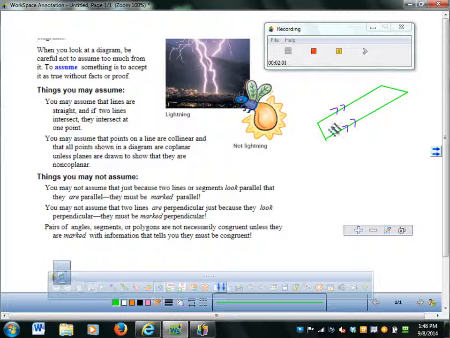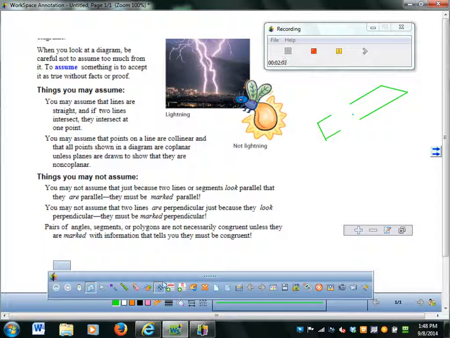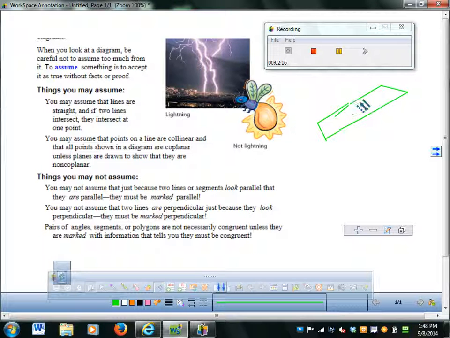But if it's just like this without the parallel marks there, then you can't assume that it's anything. If these were connected, just because it looks like these sides are parallel doesn't mean they're parallel.